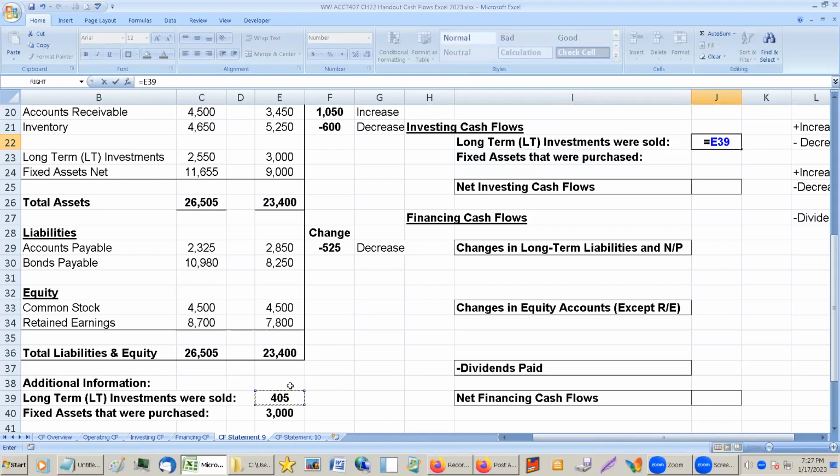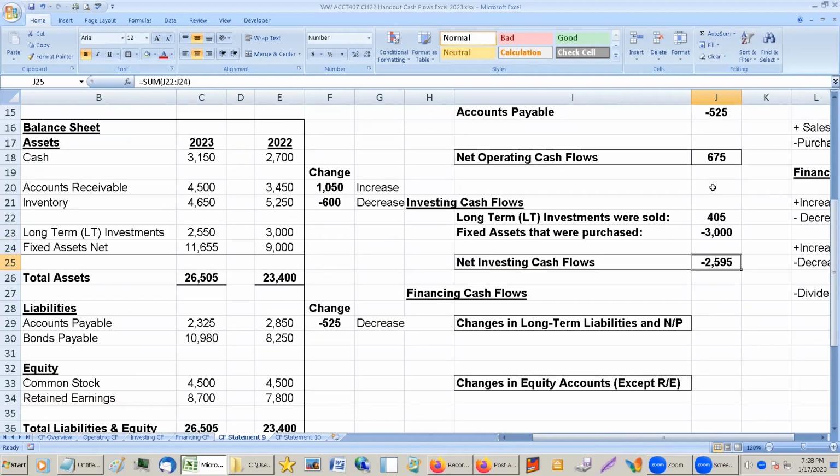Investments were sold for 405, plus or minus? Plus. Fixed assets purchased 3,000, plus or minus? Minus. Good. And so this is the net investing cash flows. It's negative, but that's okay. That's what we want to see for that section.